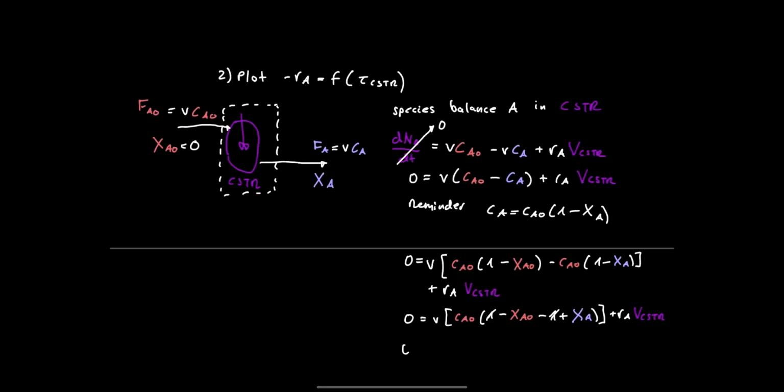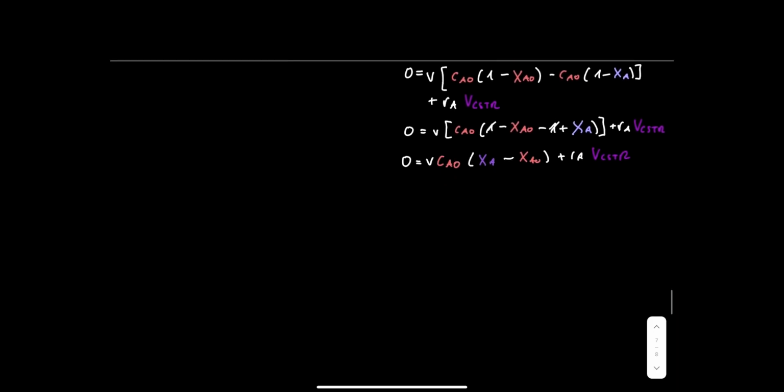So 0 is going to be equal to volumetric flow rate times CA0, in parentheses conversion of the species A minus conversion of the species A at the inlet, plus reaction rate of A times VCSTR. So in our equation we're going to subtract RA times VCSTR.